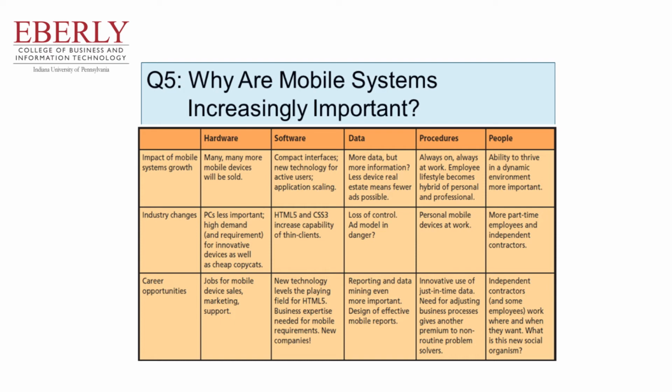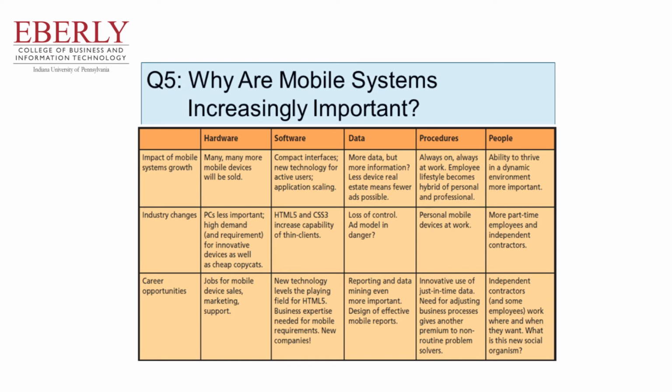Data. Many more mobile systems mean an incredible amount of new data. However, more data does not necessarily mean more information. Not all news is good, at least not for many organizations. In the case of mobile systems, smaller screens mean less room for advertising, a factor that limited the success of the Facebook public offering in May 2012.